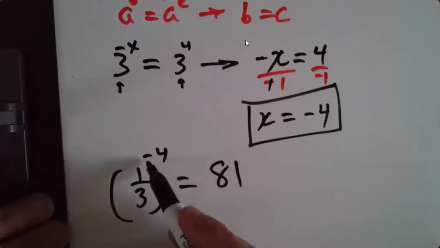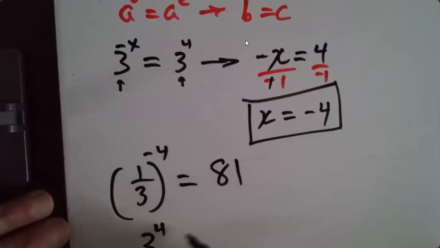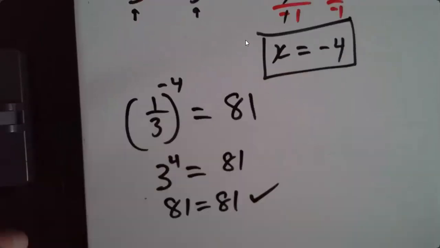That negative exponent is going to apply the reciprocal, so that flips the 1/3, and it becomes 3 to the 4th. So 3 to the 4th is 81. So 81 equals 81, and it checks.